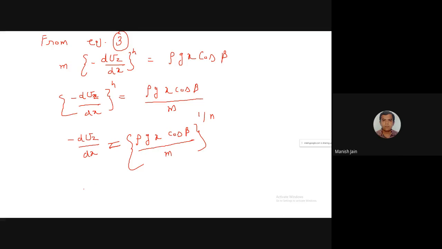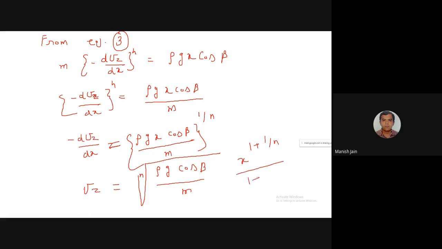If you integrate this equation, you will get Vz equal to n root of rho g cos beta, these are the constant values, divided by m, multiplied by x to the power 1 plus 1 by n, divided by 1 plus 1 by n, plus C2. Okay, so this is the value of Vz. Now this is again a constant. You have to determine the value of C2.